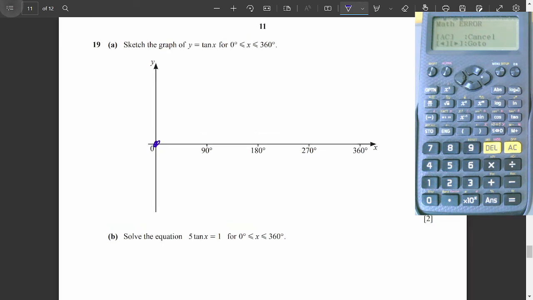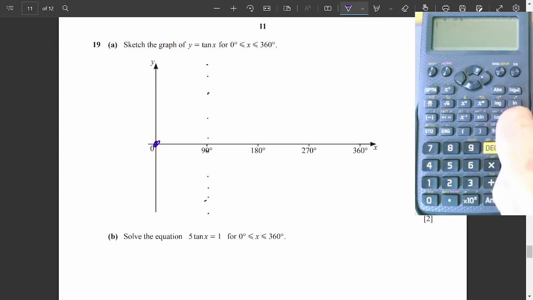So when we're going to draw this graph, make sure we don't cross 90 degrees at all. We can put a few dots in there to make sure we don't make that mistake. Okay, so what does it look like between 0 and 90? Let's plot some values. Let's look halfway. Tan 45 is 1, so let's guess 1 is over there.